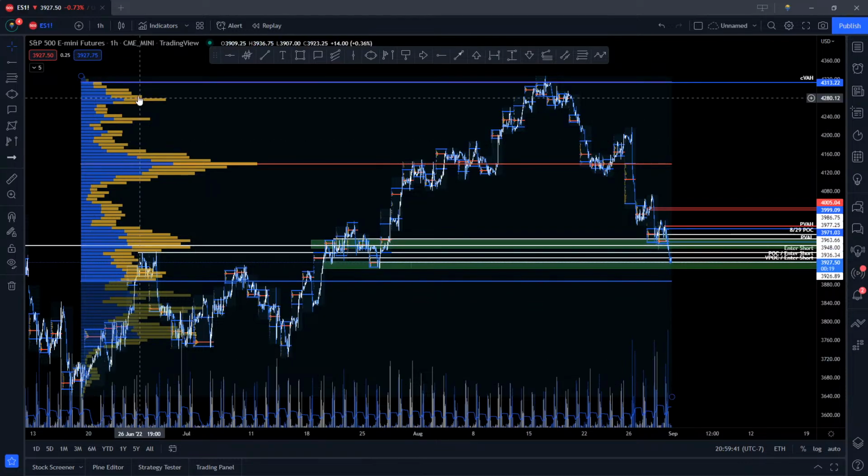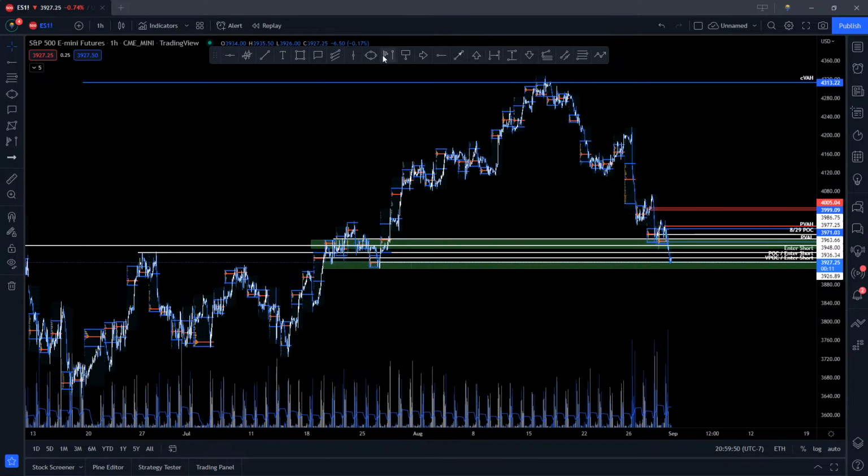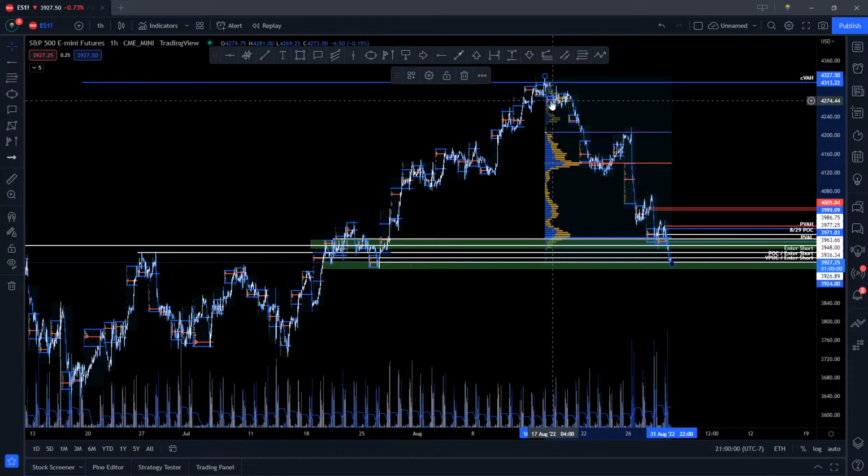And so this volume profile is showing me where buyers are, right? Because we're in an uptrend here. And then you want to do the same for your downtrend. So from high to low. And this will show us where sellers are.